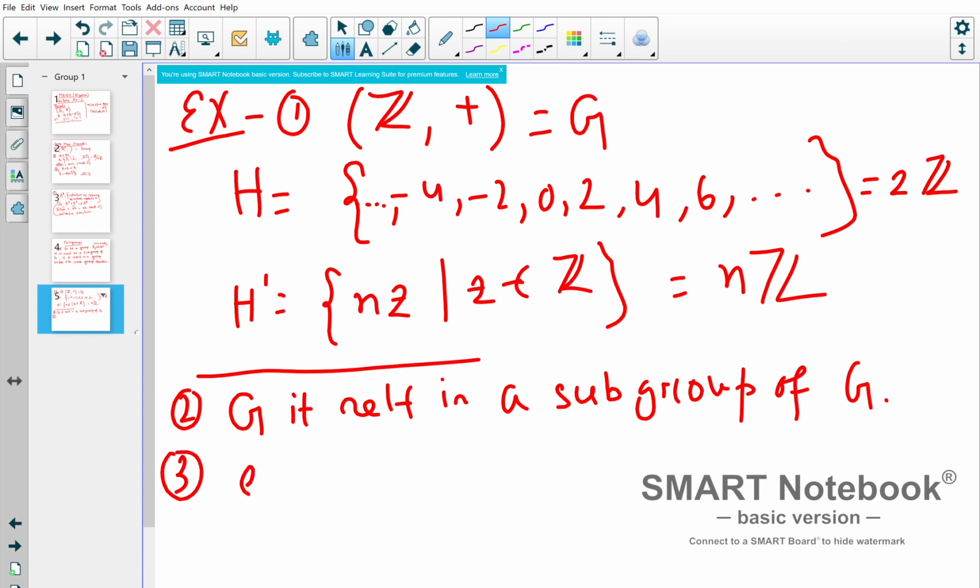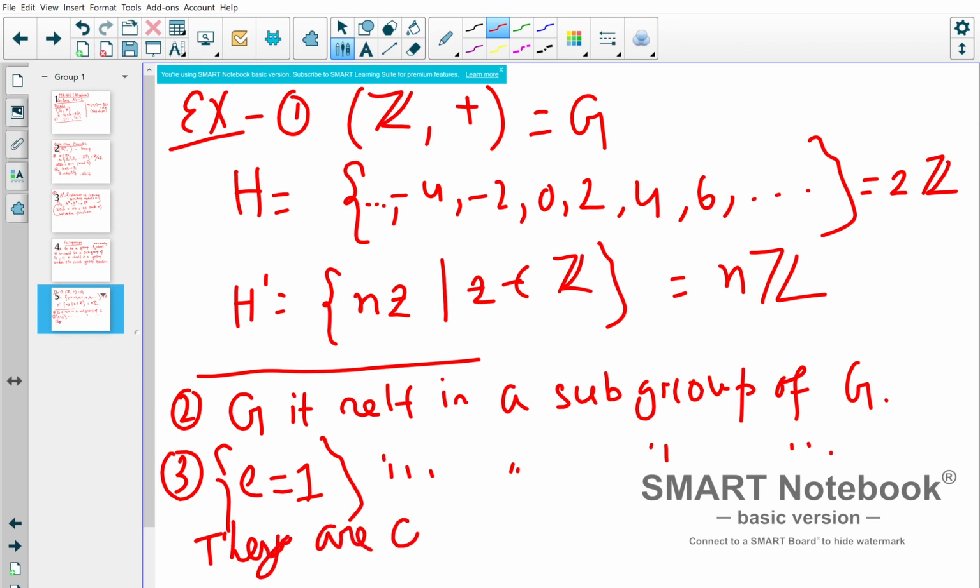I'm writing the identity by the symbol 1, so the set containing only the identity 1 is also a subgroup of G. These two subgroups are called trivial subgroups.